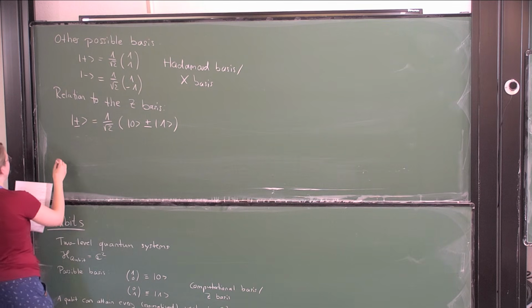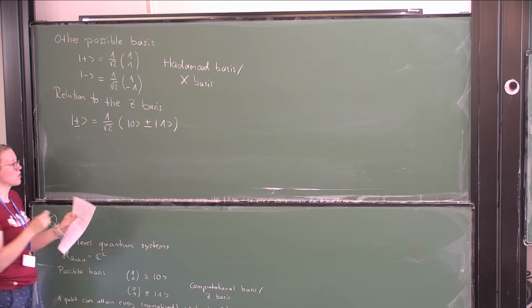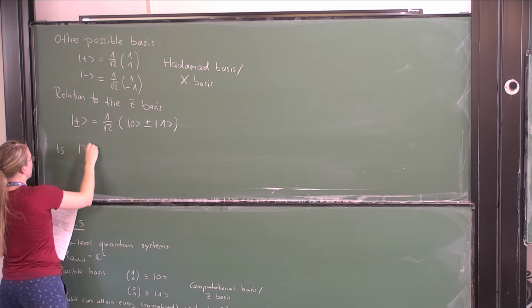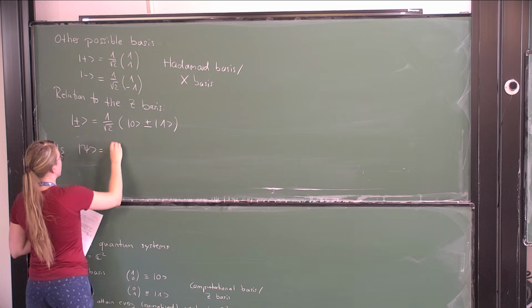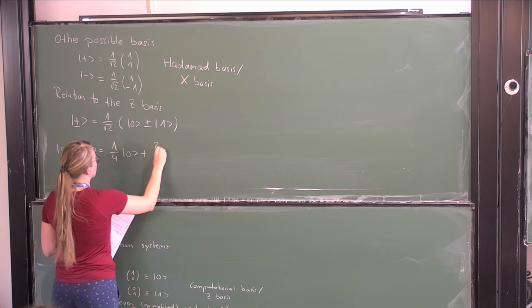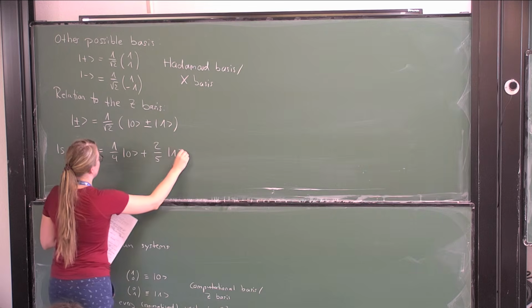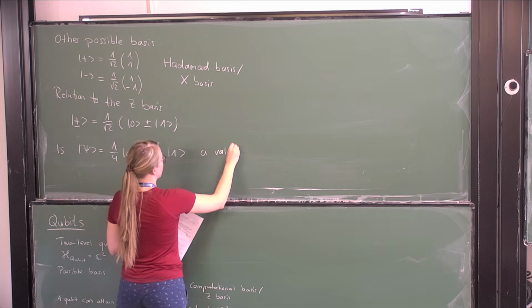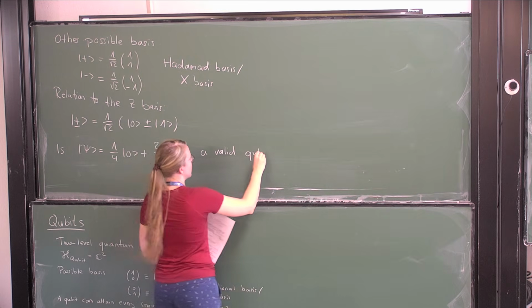Okay, so I have a question for you. Is the following state, 1/4 times 0 plus 2/5 times 1, a valid qubit state?